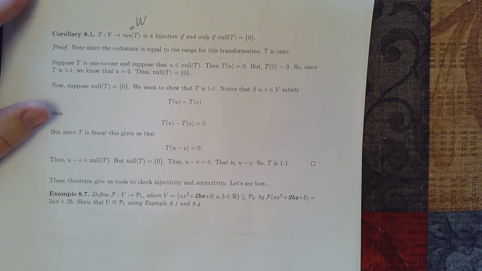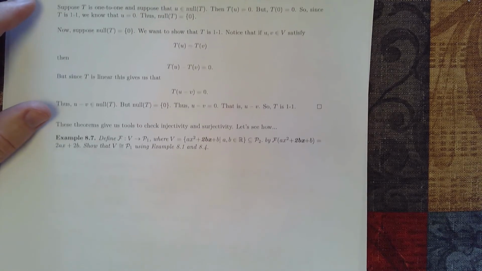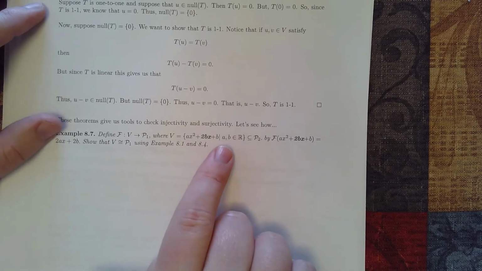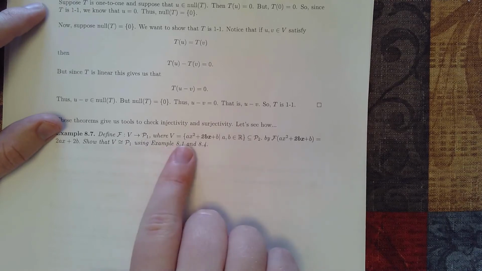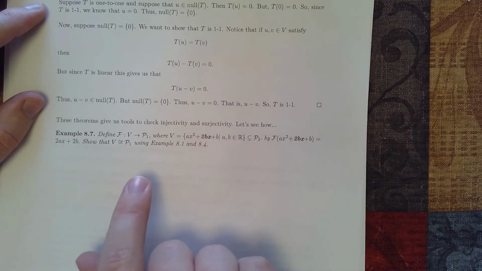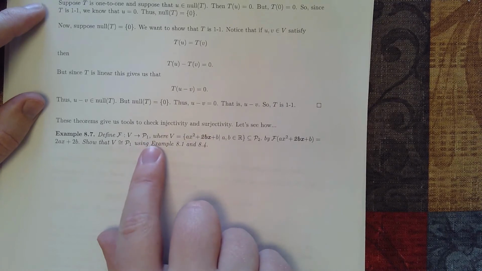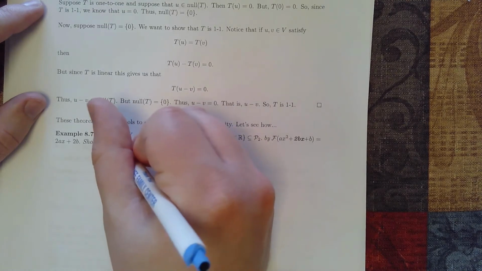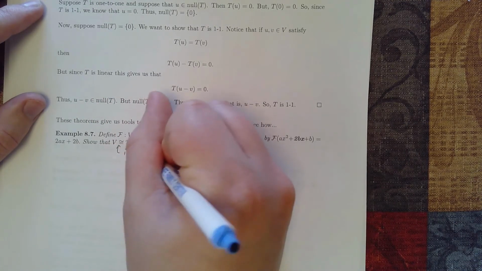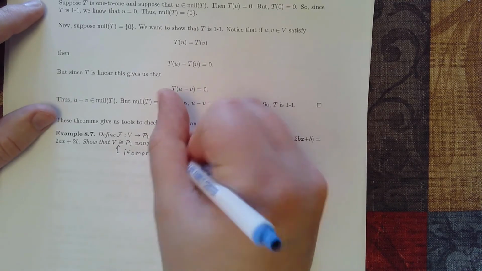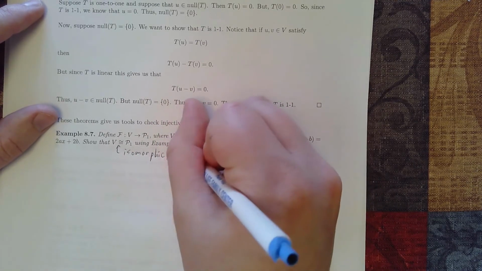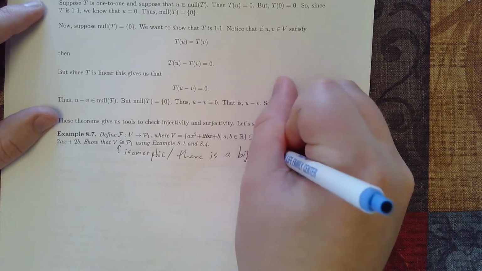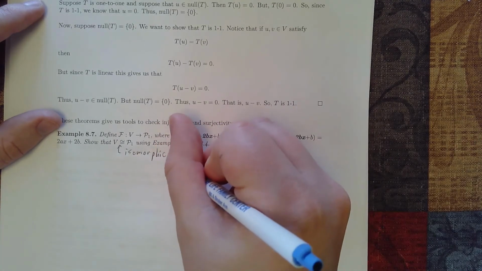So let's say we had a transformation going from V to P1 from earlier. We want to determine that V is isomorphic to P1. Just a reminder, isomorphic means there is a bijection between these spaces.